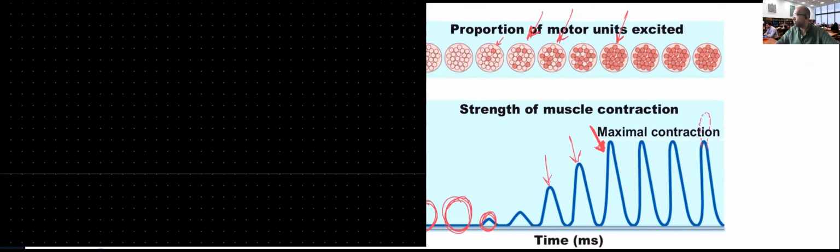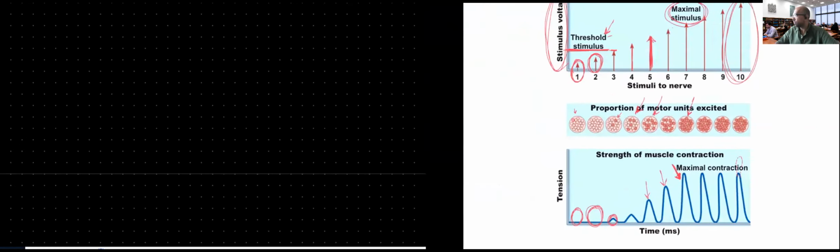Would you have any contraction stronger than the maximal contraction? Yes or no? What do you think? No. Why? Because all the muscle fibers in the muscle are already stimulated. All of them have been recruited. So I can't perform any stronger contractions than the maximal contraction.